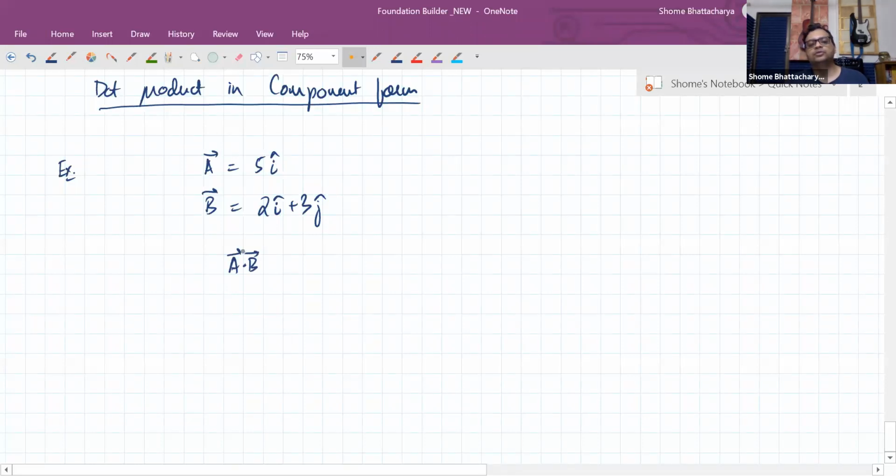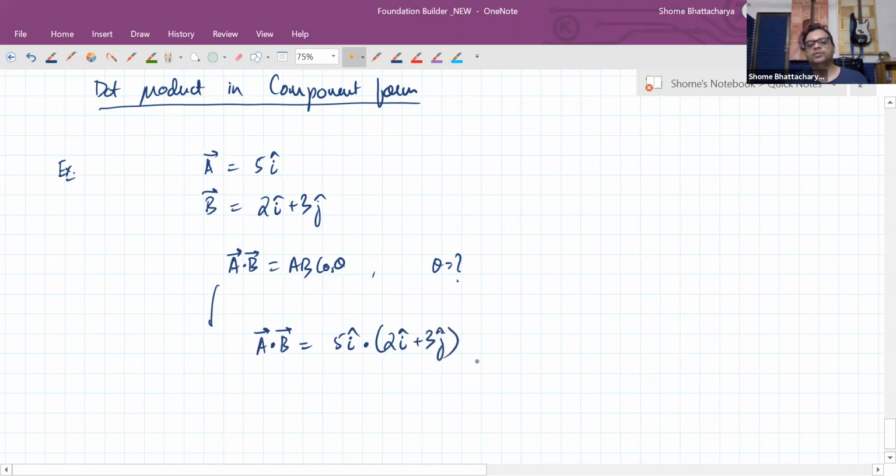So here I don't need to find the angle between them and use this formula, obviously this is ab cos theta. I don't need to calculate theta and then put it in this. I can solve this in this manner: a dot b, substitute a as the given vector, 5 i cap, dot product with b as the given vector, which is 2 i cap plus 3 j cap.